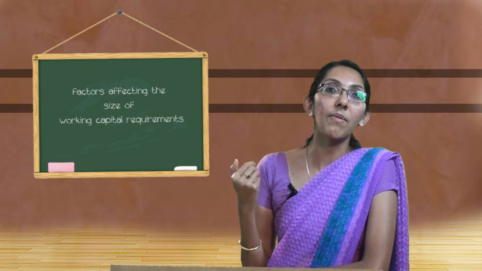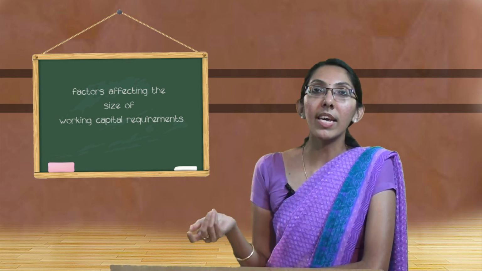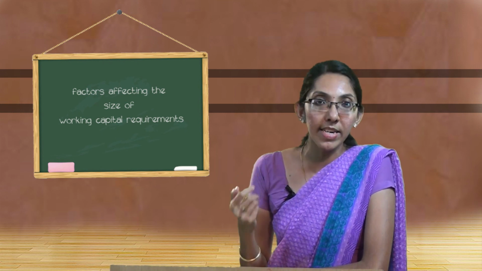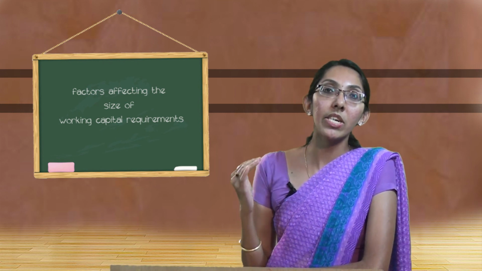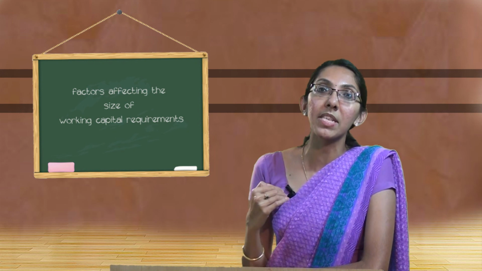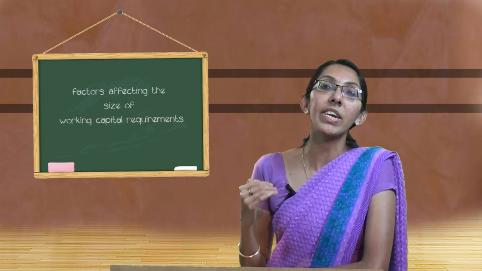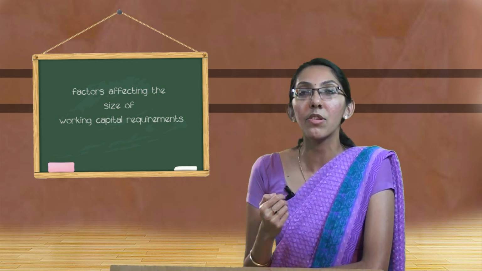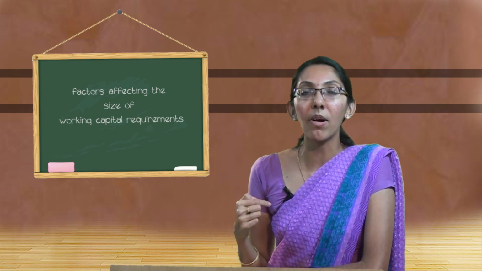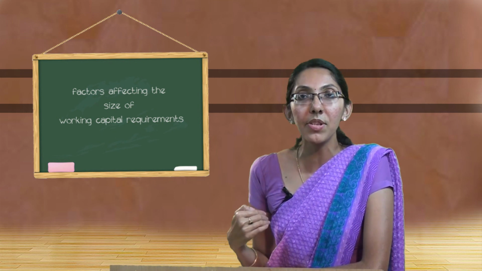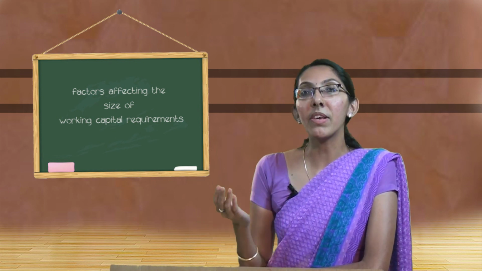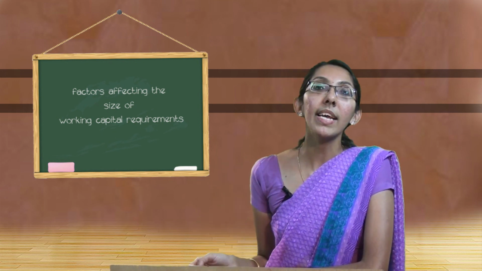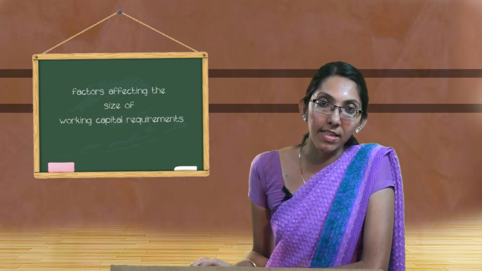So this increases the working capital requirement. On the other hand, when the company follows a stringent dividend policy, a major share of the profit is retained by the business, and that major share can be used by the business for future production purposes. So when the company follows a stringent policy, the working capital requirement reduces, and when the company follows a liberal policy, the working capital requirement of the firm increases.